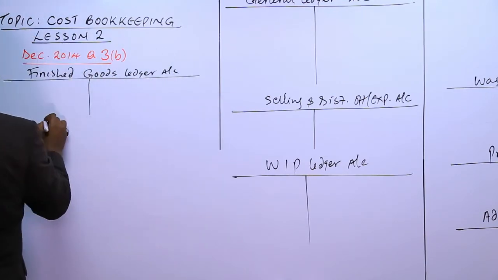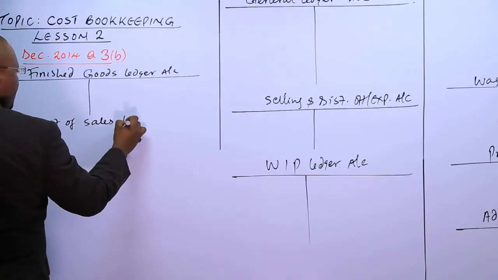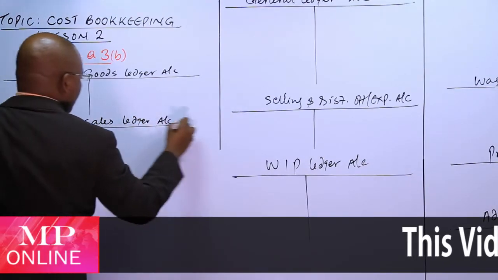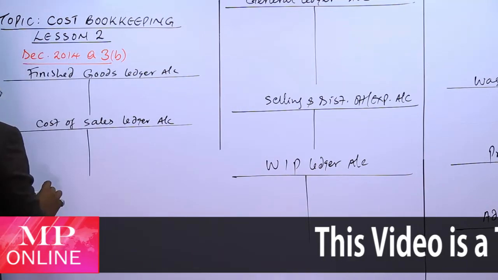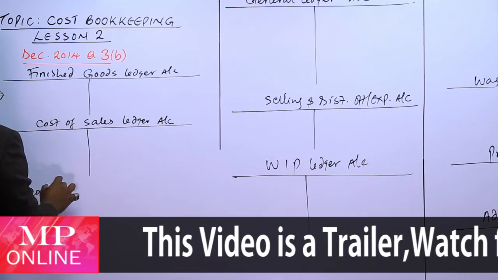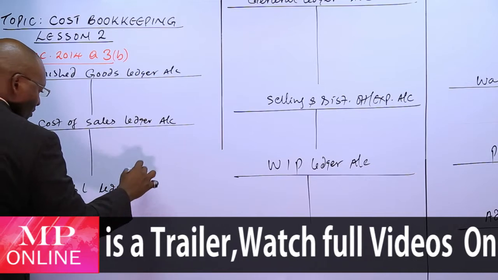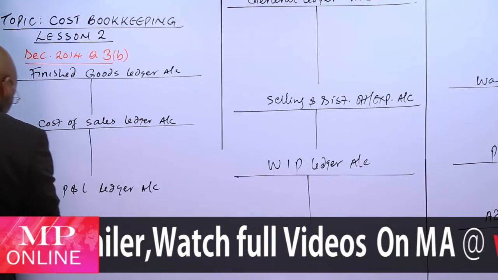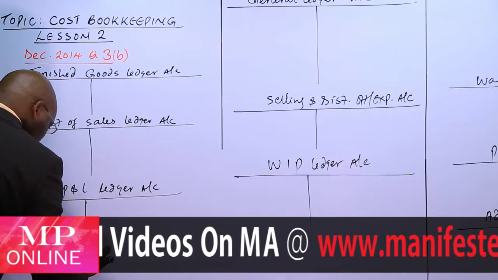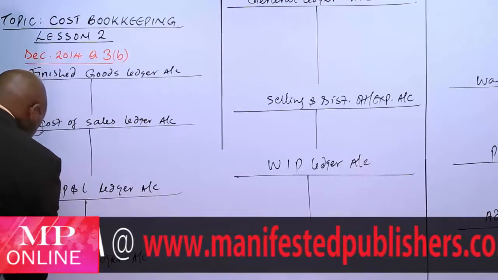From finished, we go to the cost of sales ledger account. Then you have cost P&L ledger account, and we have sales finally, sales ledger account.